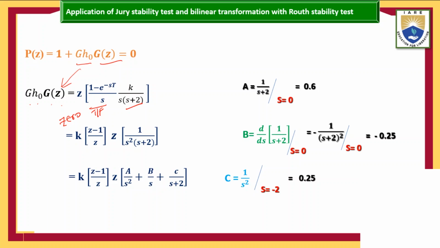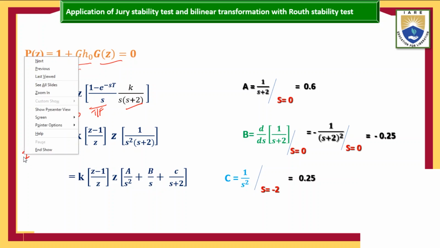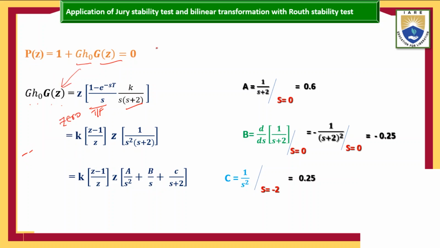That is nothing but 1 minus 1 by z. For this one, e power of minus s tau is nothing but 1 by z.